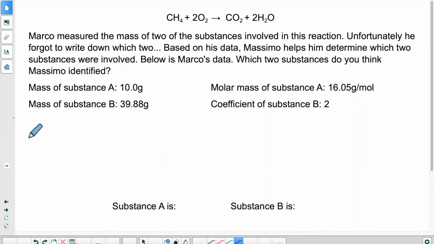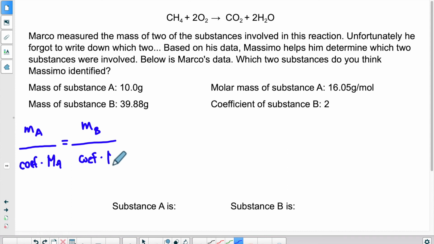So we know, first of all, that the mass of substance A over its coefficient times its molar mass should be equal to the mass of substance B over its coefficient times the molar mass of B. So what do I do with this?